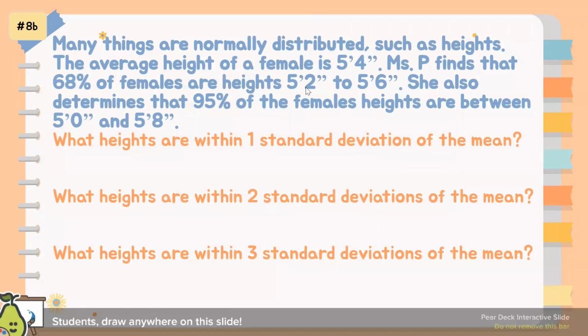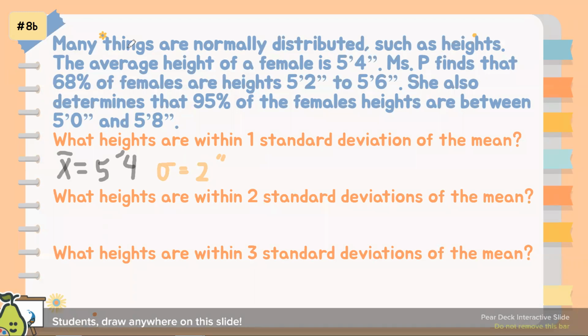Now that we have the empirical rule in our mind, we need to know what heights are within 1 standard deviation of the mean. So since the mean is 5'4", remember our mean x bar is 5'4", and we found from the spacing and the distance that the standard deviation was 2 inches.